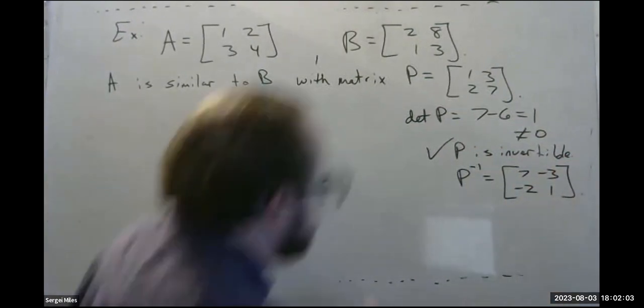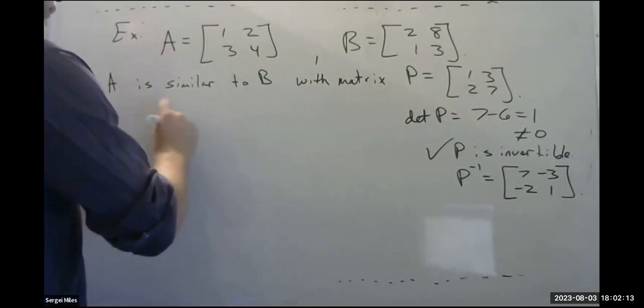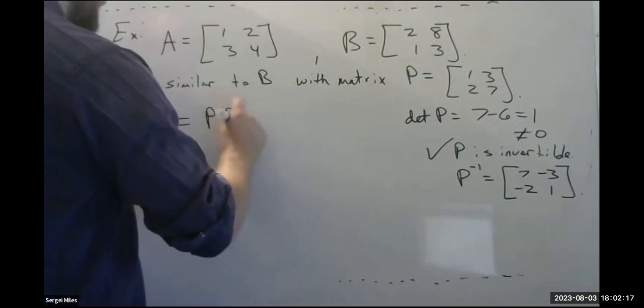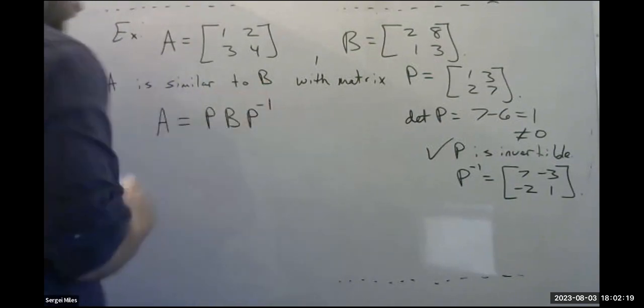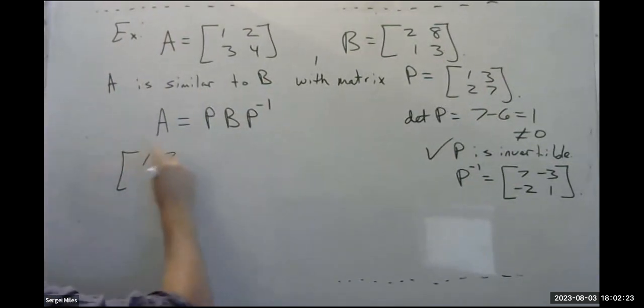Okay, great. So now, if A and B truly are similar, this means that A equals P times B times P inverse. Okay? So we can check this.